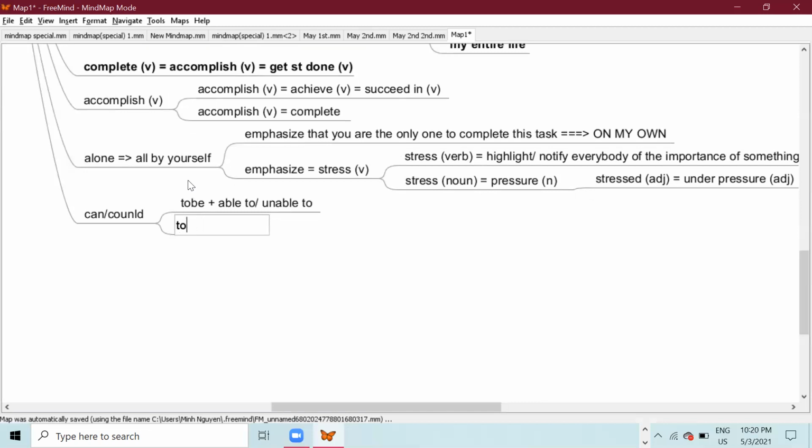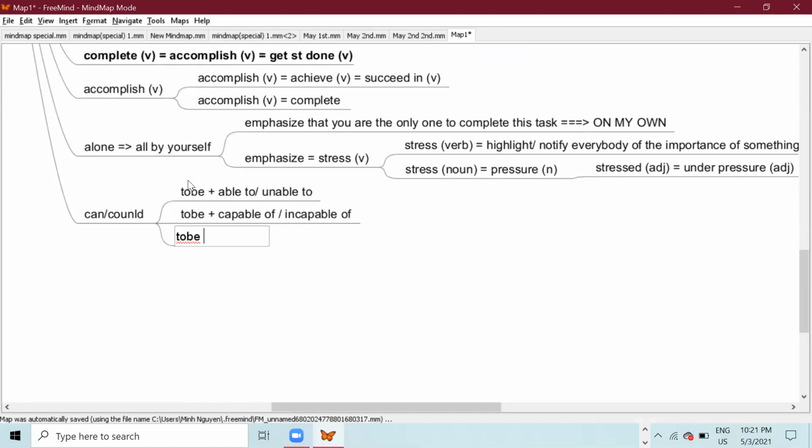Or you can use the structure that we have used in our radio talk method, that is to be capable of, or incapable of, able to.